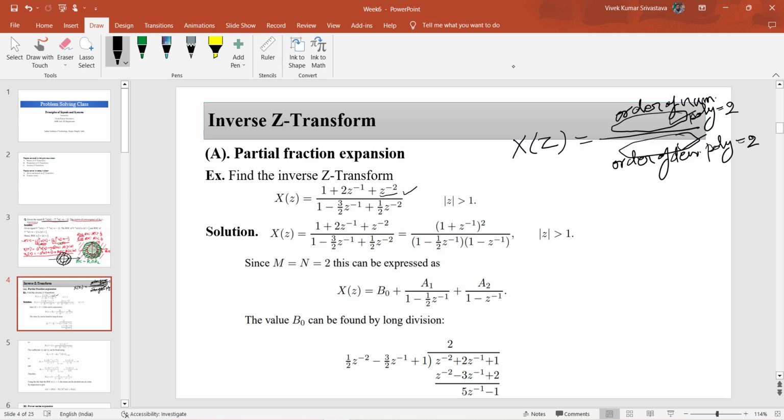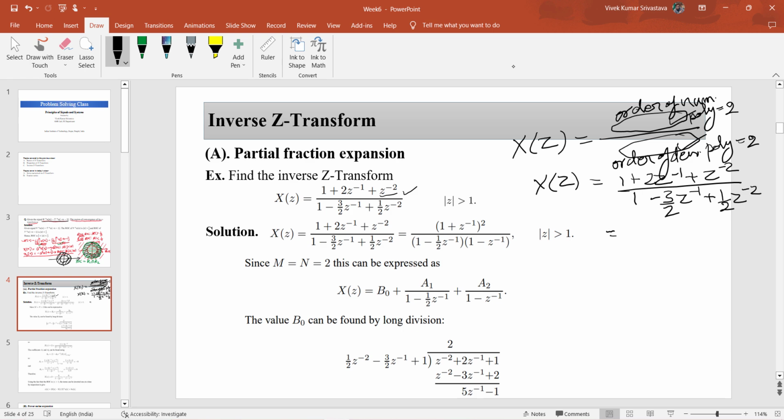Here x of z is given to us as 1 plus 2 z raised to the power minus 1 plus z raised to the power minus 2 over 1 minus 3 by 2 z raised to the power minus 1 plus 1 by 2 z raised to the power minus 2.